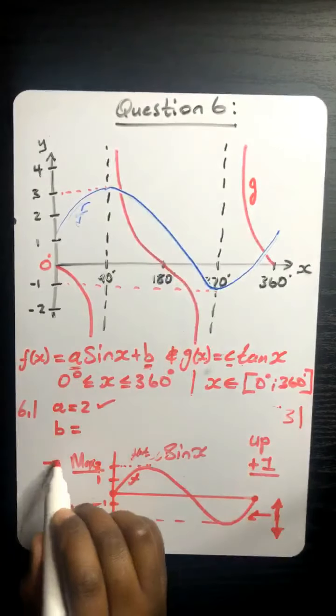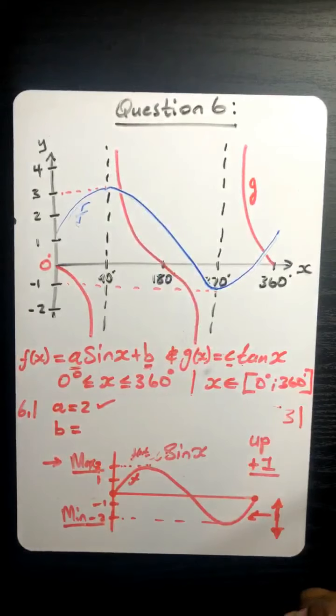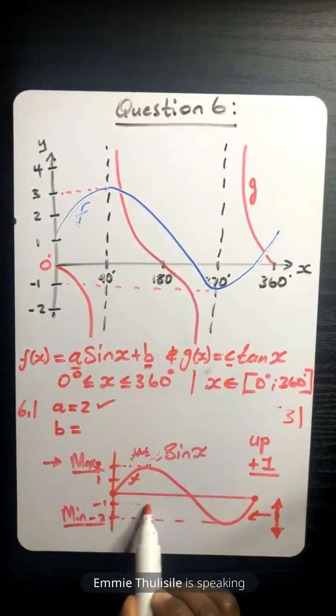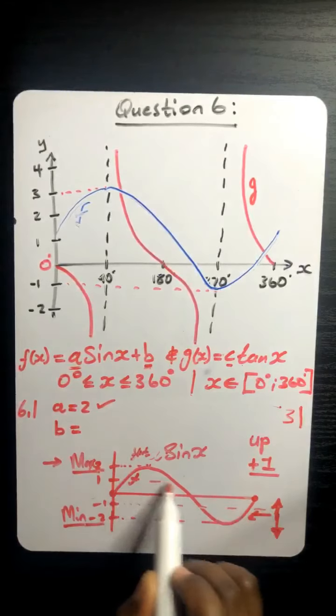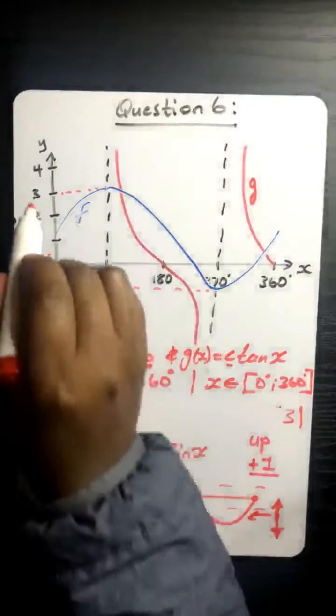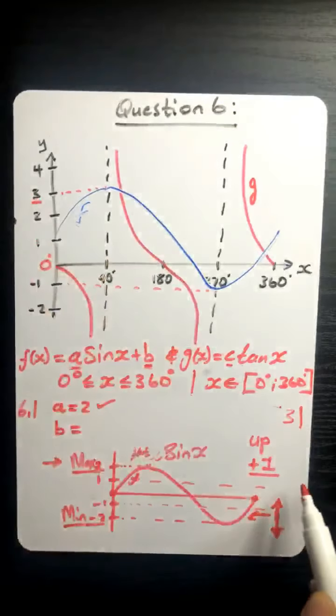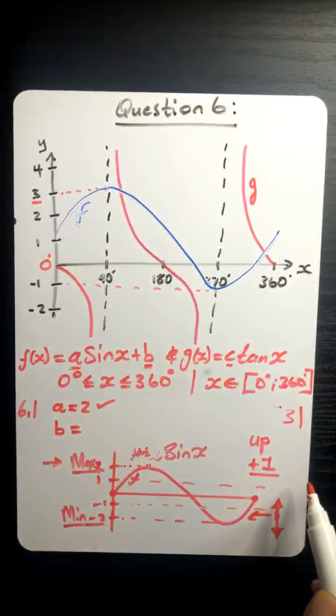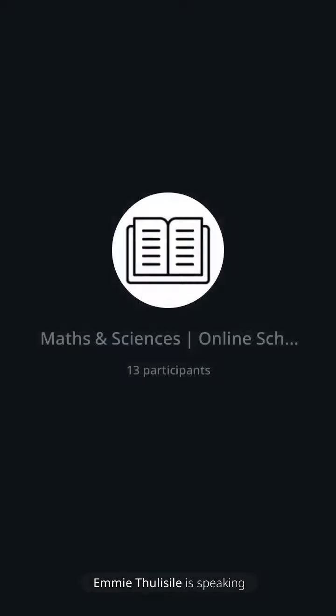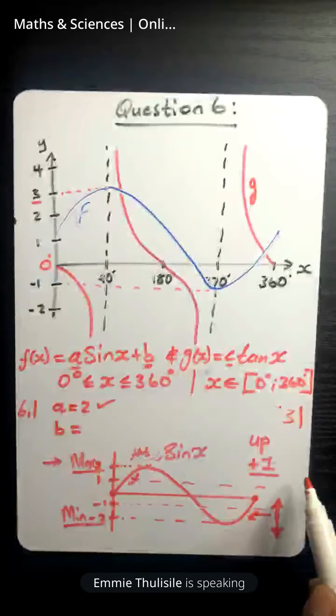What will be the new maximum value? Three. It is going to be 3. What will be the new minimum value? -3.